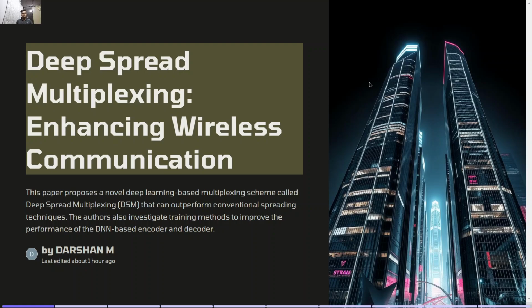These allow for better signal resilience to interference and noise, as well as more efficient use of available bandwidth. Deep spread multiplexing is commonly used in advanced wireless communication systems like 5G, where multiple users need to share the same frequency bands while minimizing interference and maximizing the throughput. By combining these two approaches, it enhances both security and efficiency of data transmission.